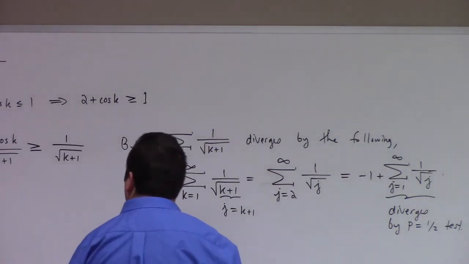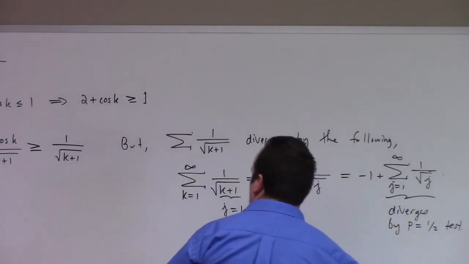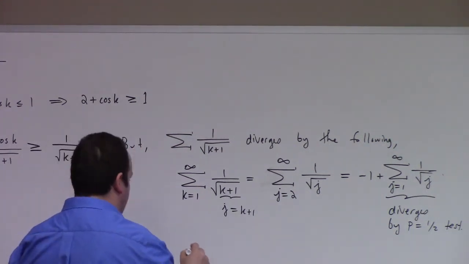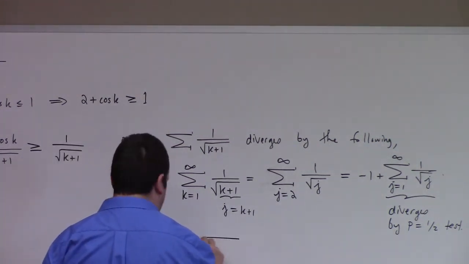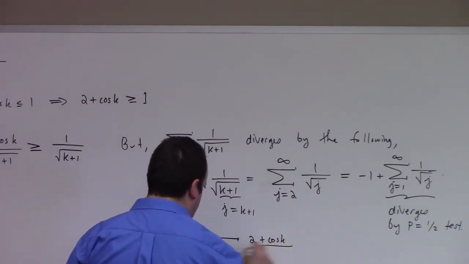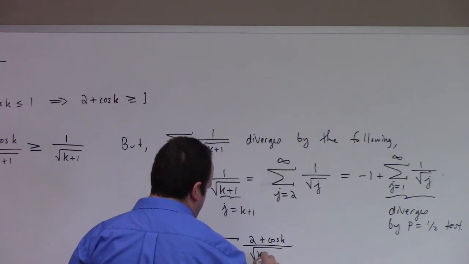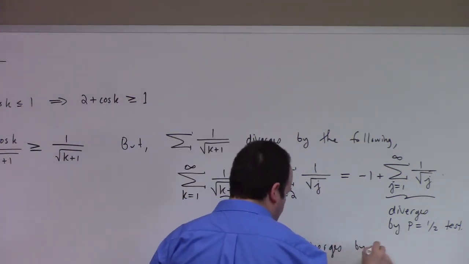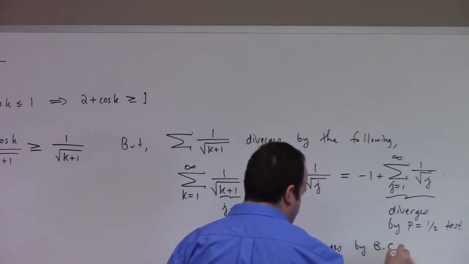I'm not quite done yet, am I? So that diverges by the p equals 1/2 test. Therefore, the sum of 2 plus cosine k over the square root of k plus 1 diverges by the basic comparison test.